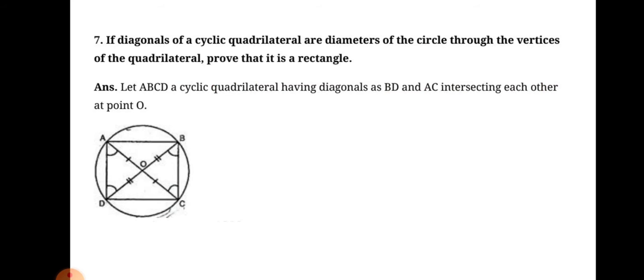Question number 7. If the diagonals of a cyclic quadrilateral are diameters of the circle through the vertices of the quadrilateral, prove that it is a rectangle.